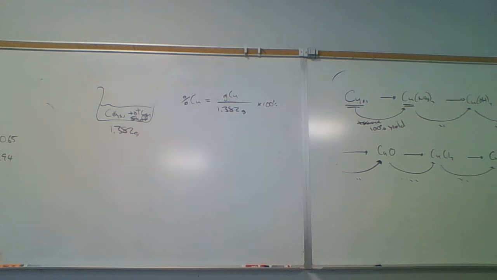We have 8 oxygens. 16.00 times 8 is 128. Technically, we're not allowed that, but we'll just go with it. Adding these up gives 379.59.